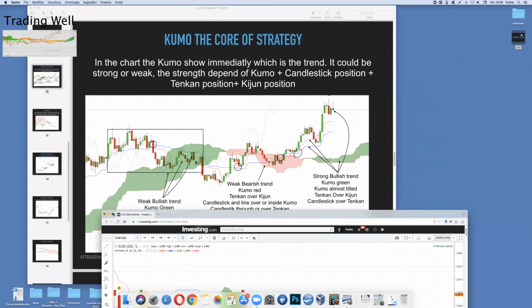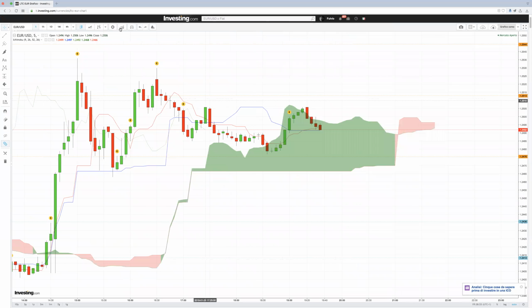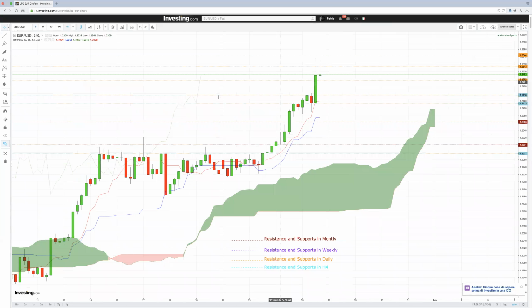Okay. Time frame 4 hour. We have our support and resistance. The price try to break the support and bounce here at the daily support 1.2476.